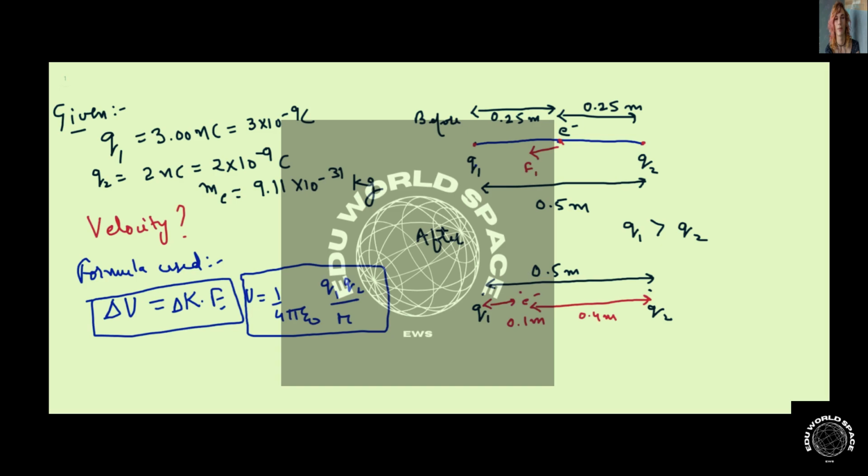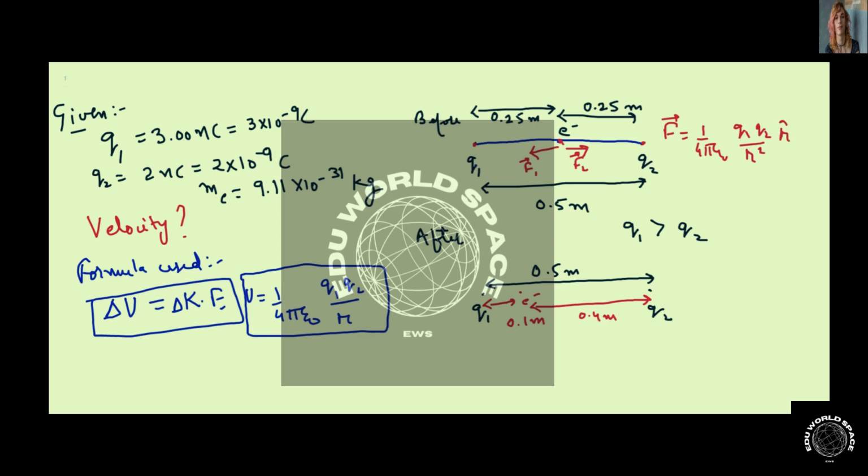So let's say this is F1. This is the force acting on the electron due to Q1, and this is the force F2 acting on the electron due to Q2. And we know that force is equal to 1 by 4 pi epsilon naught q1 q2 over r square, r cap. This is the general formula.